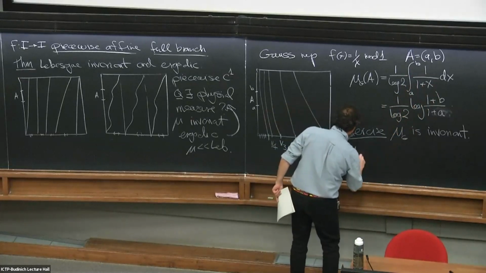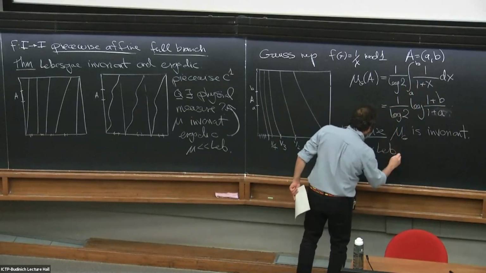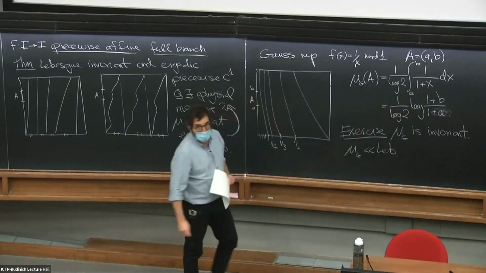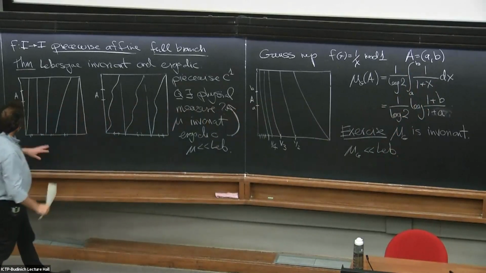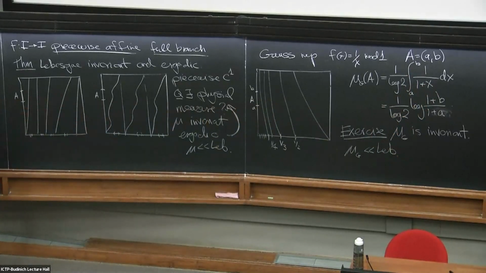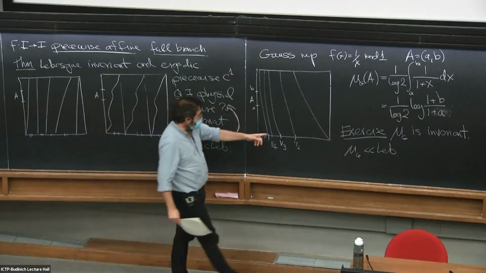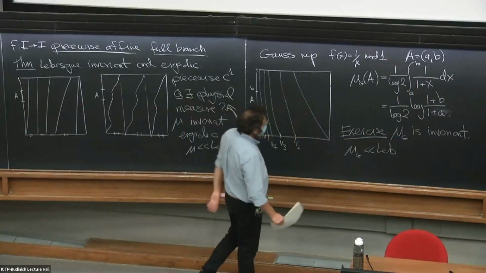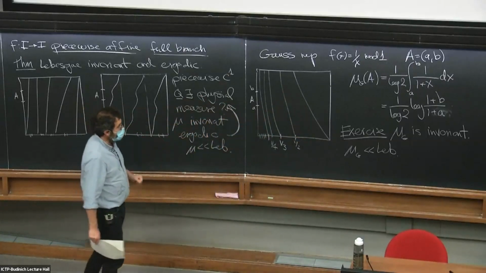So mu G is absolutely continuous, but we don't know whether it's ergodic or not, right? Just like in the piecewise affine case, we knew that Lebesgue measure was invariant, but we didn't know whether it was ergodic or not, right? So this is no longer piecewise affine, okay? And so this is going to be an example, but we're going to prove a general theorem.